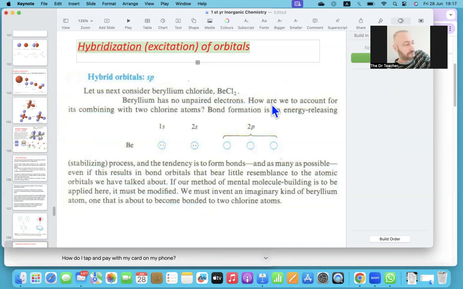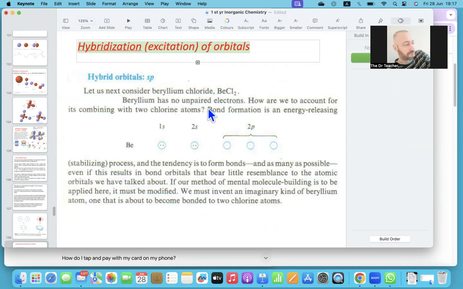How are we to account for its combining with two chlorine atoms? The bond formation is energy releasing.